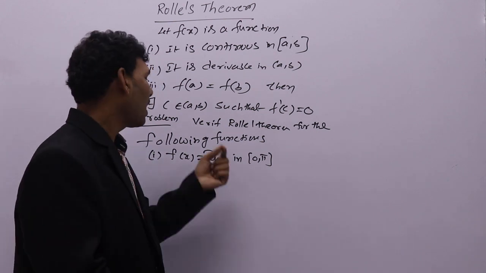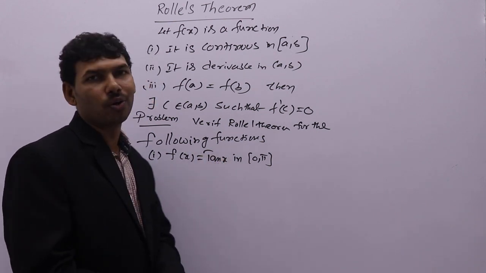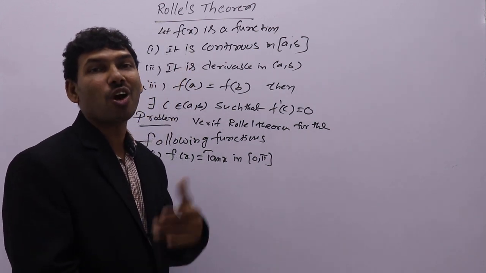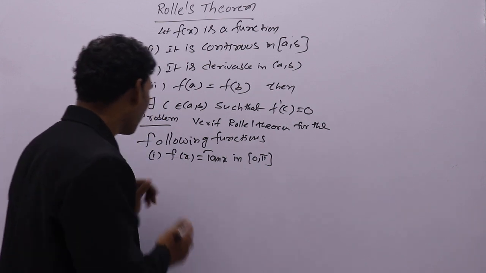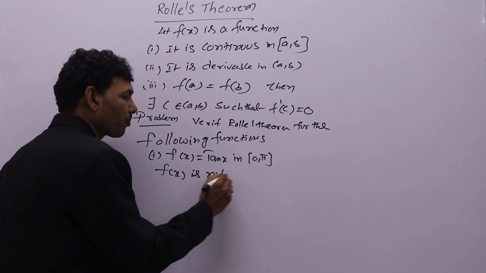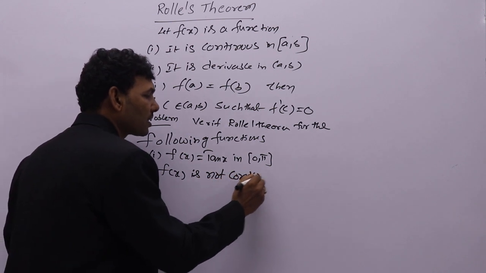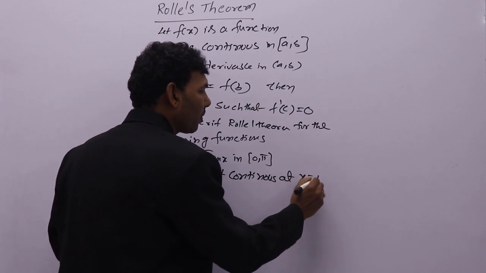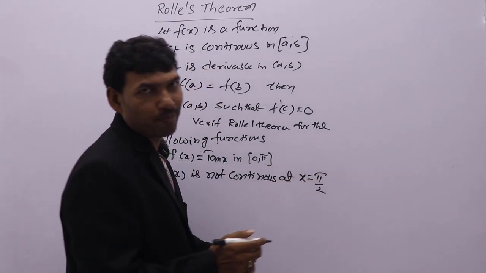That means at x equal to pi by 2, you are not getting a finite value, you are getting infinity, which is not defined. That means f of x is not continuous at x equal to pi by 2. Why? You know tan pi by 2 is infinity.